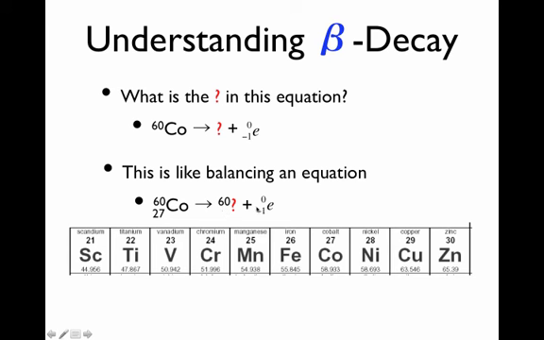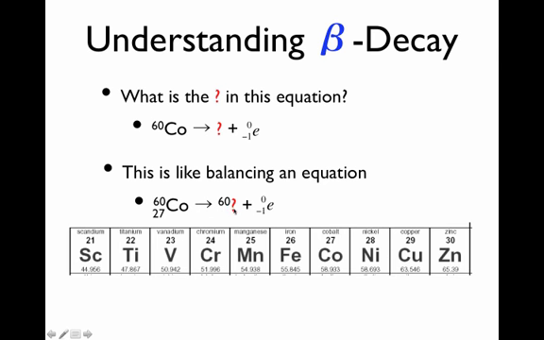The electron has a charge of -1, so we have to figure out how many positive charges plus -1 will equal 27. To figure that out, you can do some algebra, but basically the number 28 plus -1 will equal 27.